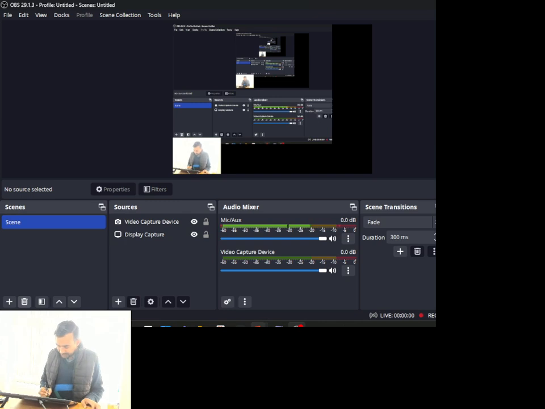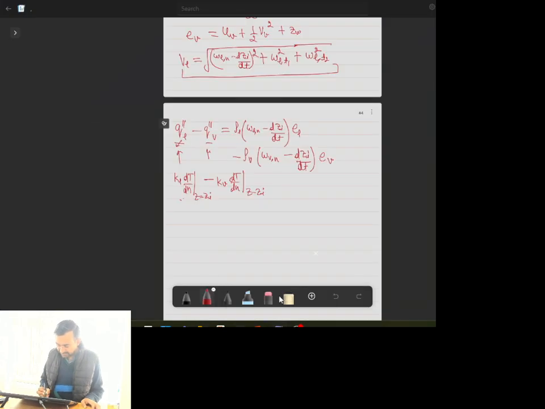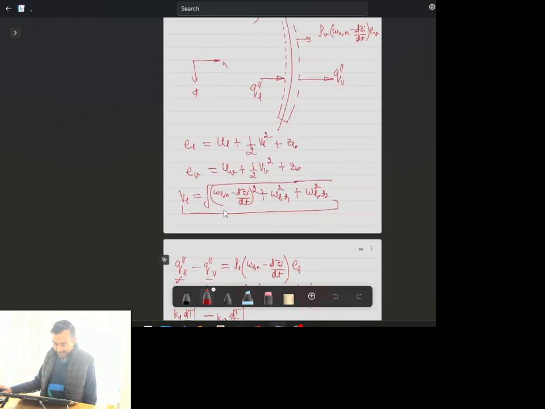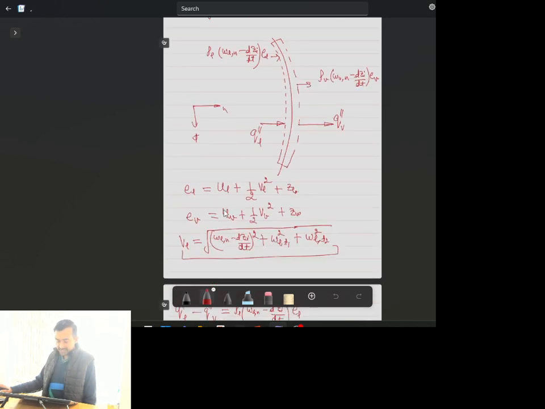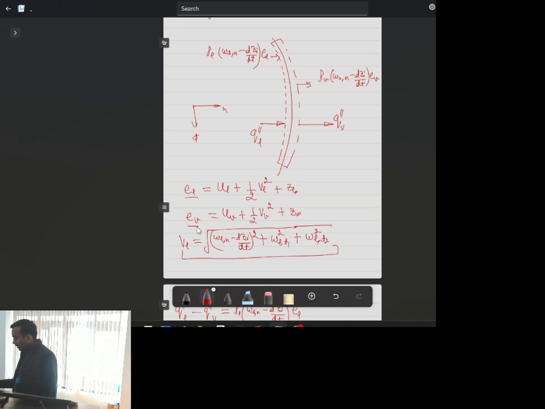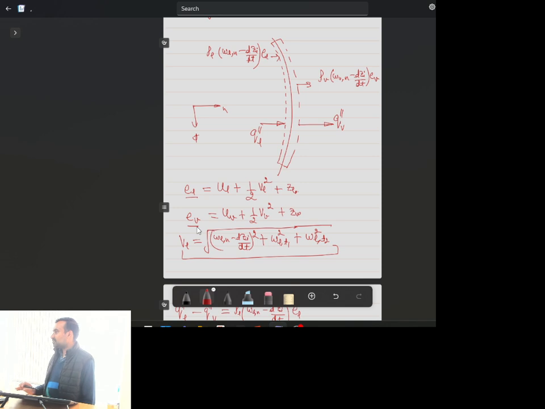Okay, good afternoon. We have discussed the interface boundary conditions in the previous lecture. Here you have to make one small correction. While I discussed the conditions for the energy, we wrote E_L and E_V. So E_V was the total specific energy.